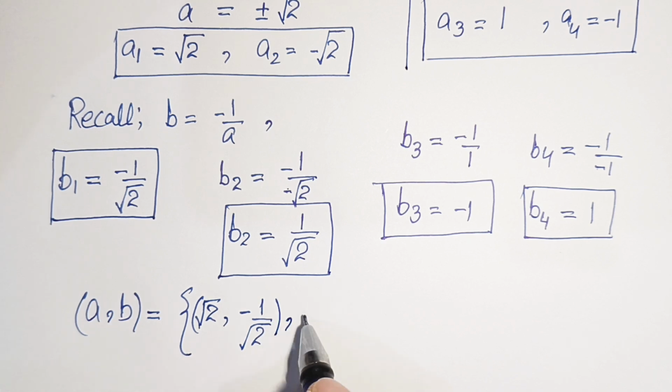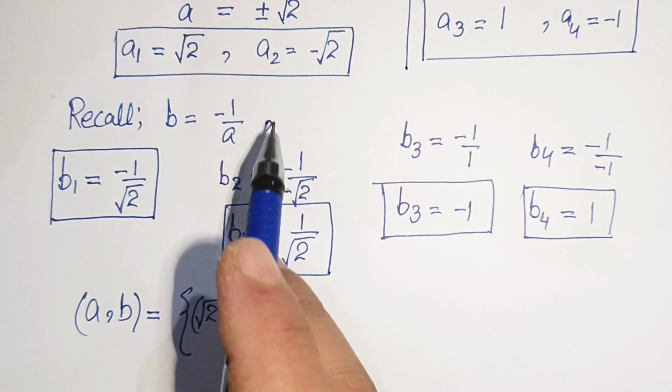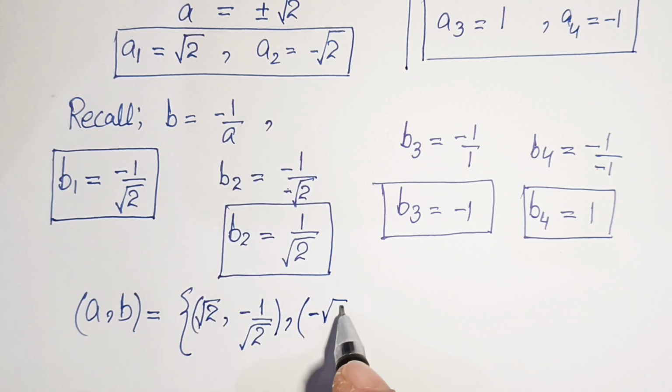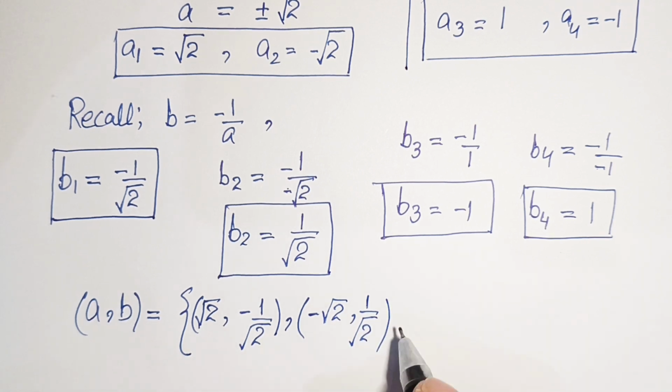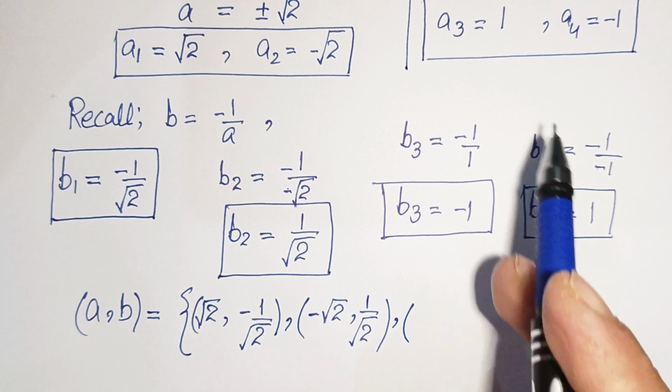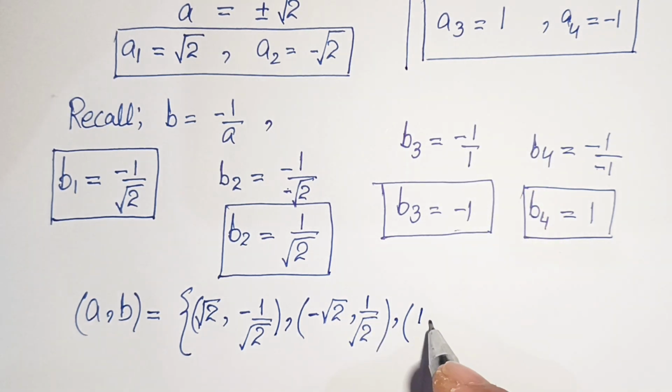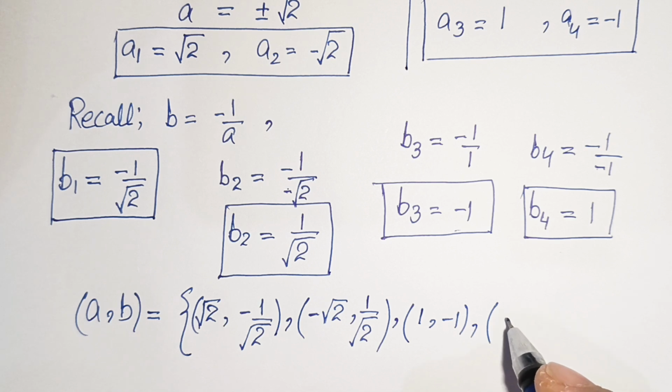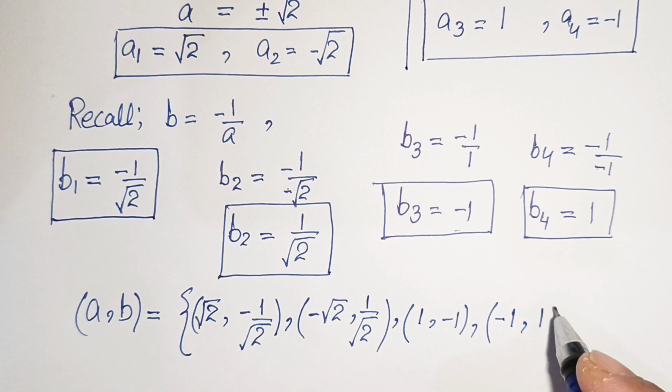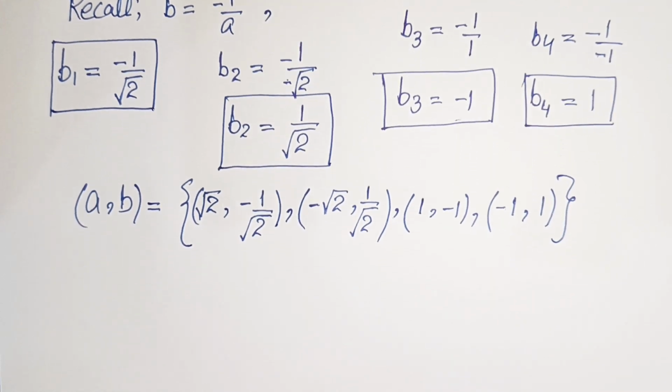Here we have the second pair, which is a2 is equal to minus square root of 2 and b2 will be 1 over square root of 2. Now here a3 is 1 and b3 is minus 1. Similarly, our final pair of solution for a and b is minus 1 and 1. So here we have 4 possible solutions.